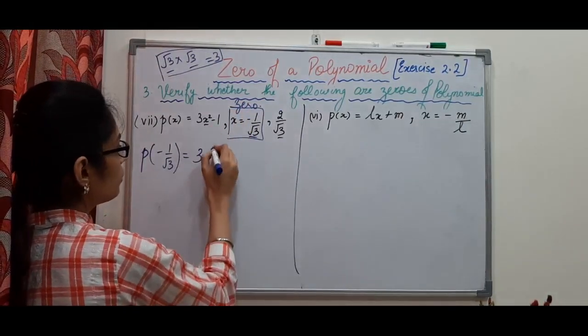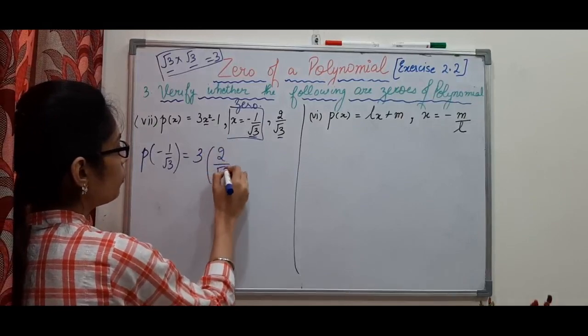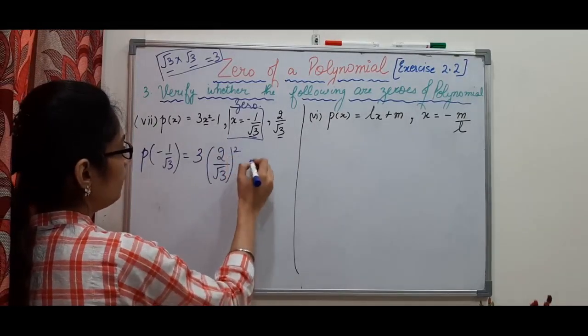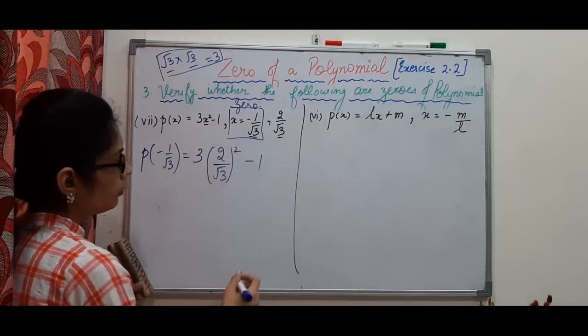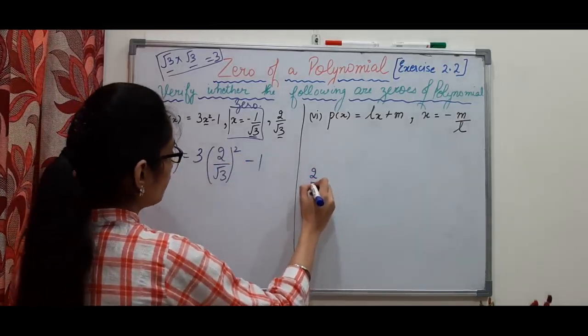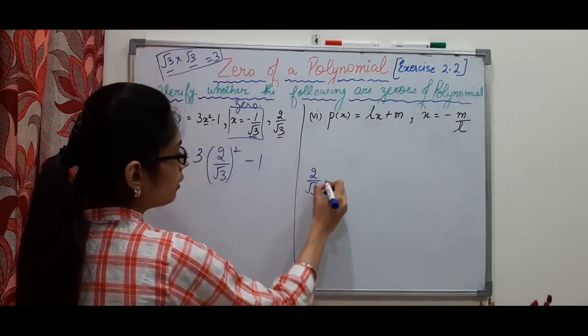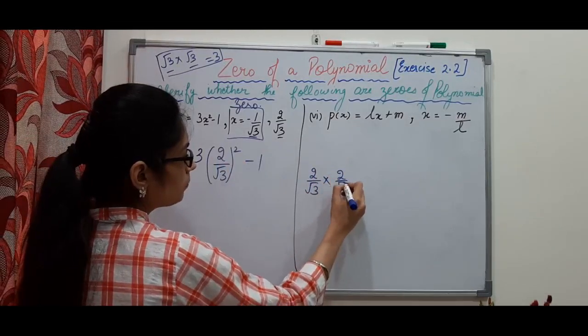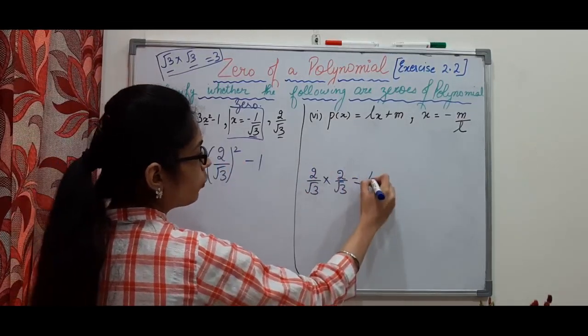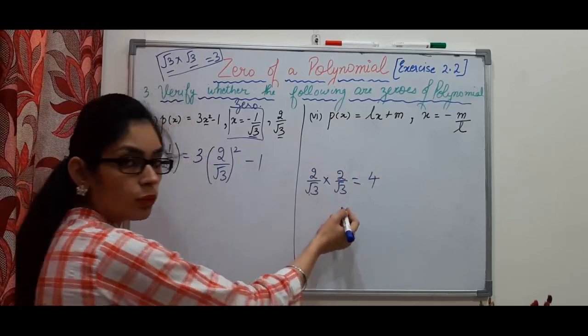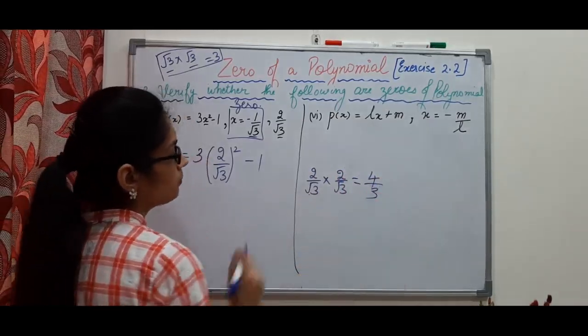In place of x we have to write now 2 by root 3, square of this term, minus 1. So let's do the square. Square means we have to multiply 2 times, 2 by root 3 into 2 by root 3. 2 into 2 is 4 and root 3 into root 3 will become 3.